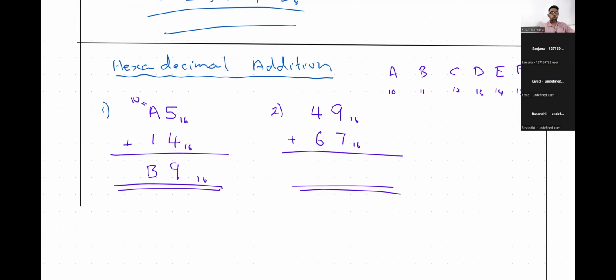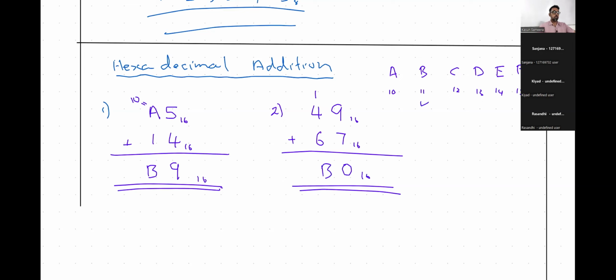No. The maximum number of circles you can put is also 16. Then you can take 16 to the next position as one circle. Remain 0. 4 plus 6, 10, plus 1 is 11. Yes, you can represent 11, which is B. B0 is the answer.